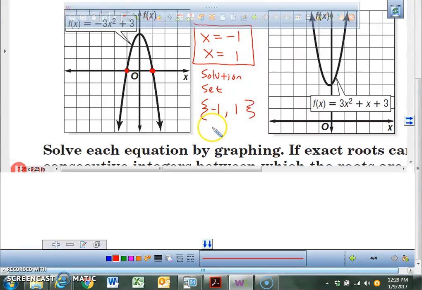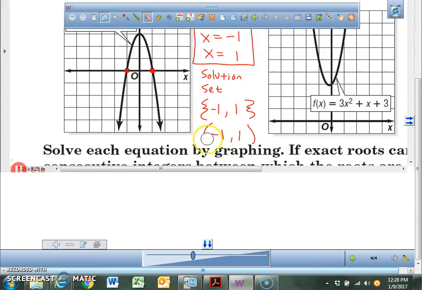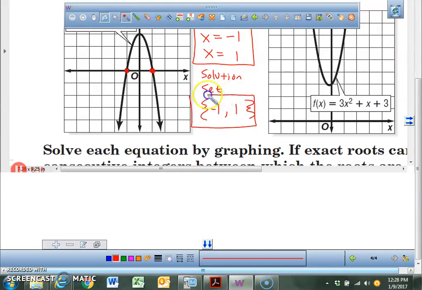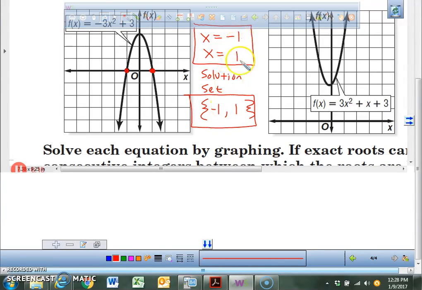This is not an ordered pair. Writing -1, 1 this way would be an incorrect way of writing your answers. What does -1, 1 here represent? This represents an ordered pair. That would be an incorrect way of letting me know that those are solutions. I want you guys to use your solution set brackets. This represents the answer as a solution set.